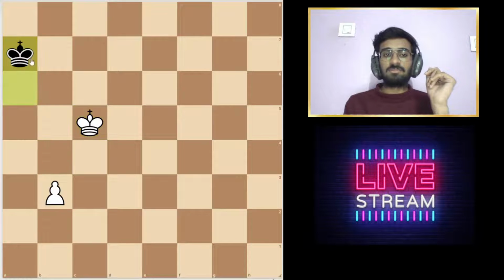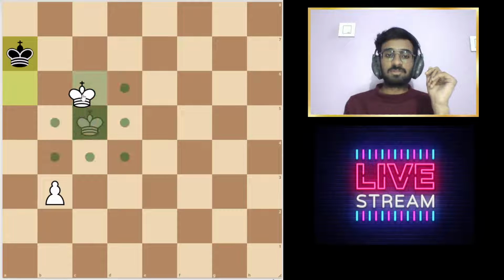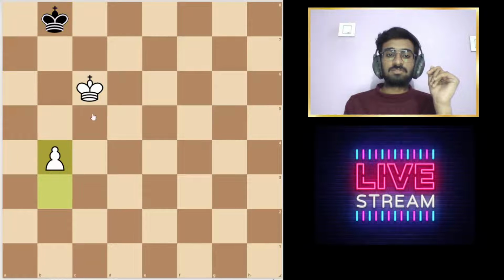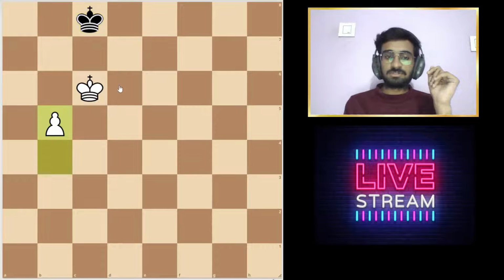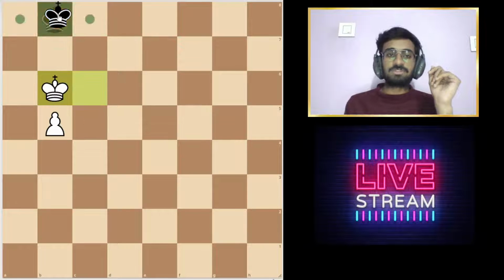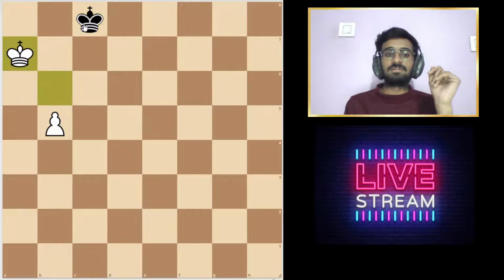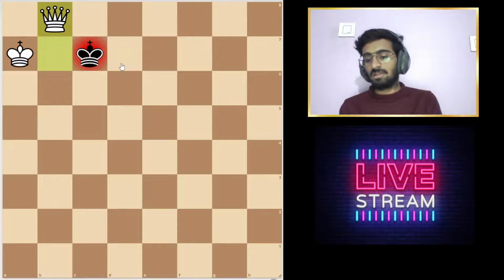Whatever black king tries to do, white king can come here, then just push the pawn. If it tries to do opposition, it won't work, because push the pawn and king goes here. Now do the opposition, and so it is winning. Once the king is on the 7th rank, it's winning only. It doesn't matter. Now it is winning.